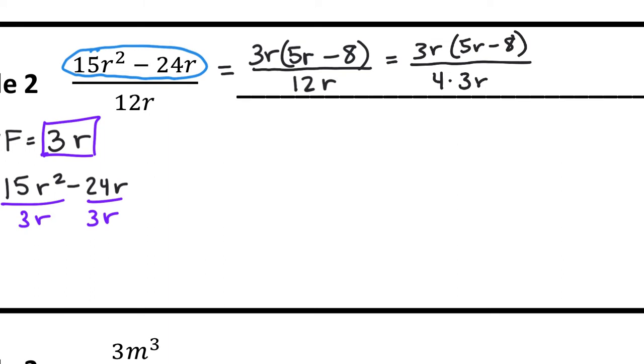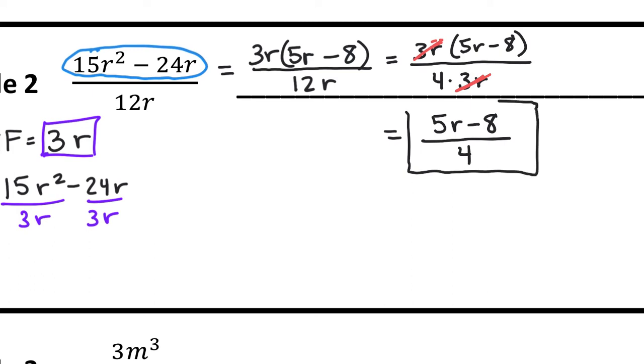So we can say this cancels with this, the 3r and the 3r. So that leaves me with 5r minus 8 over 4. Yeah, and so that would be it. That would be my fraction.